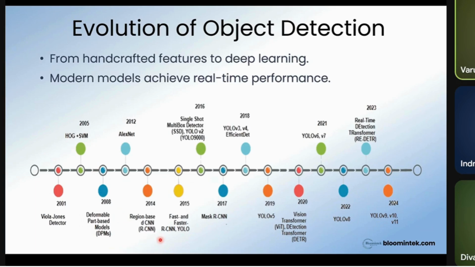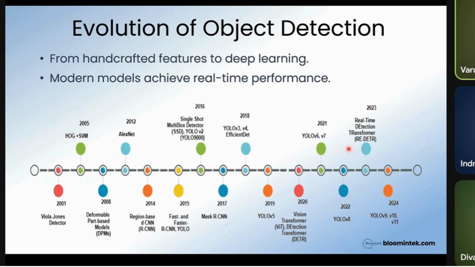Then came the deep learning revolution with models like RCNN and Faster RCNN, which automated feature learning. Soon, real-time detectors like YOLO, You Only Look Once, and SSD, the Single Shot MultiBox Detector, changed the game, allowing live detection in video streams.